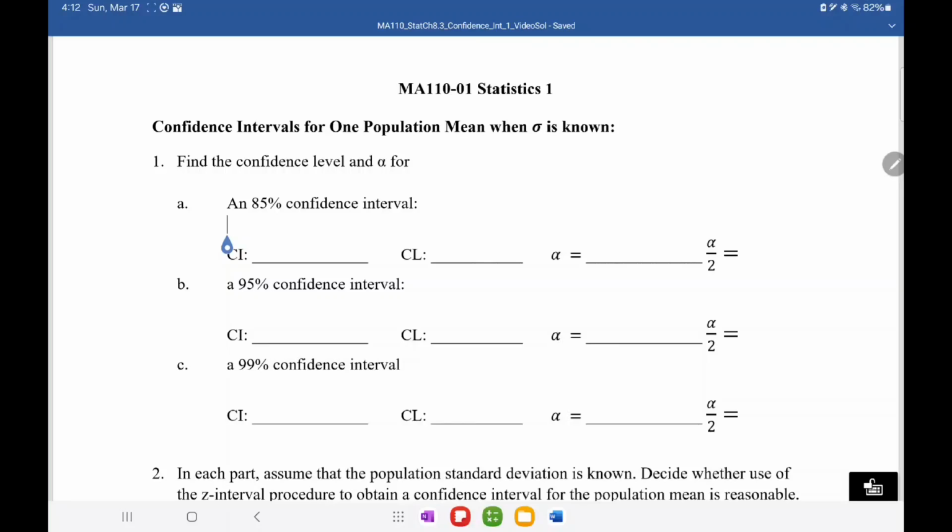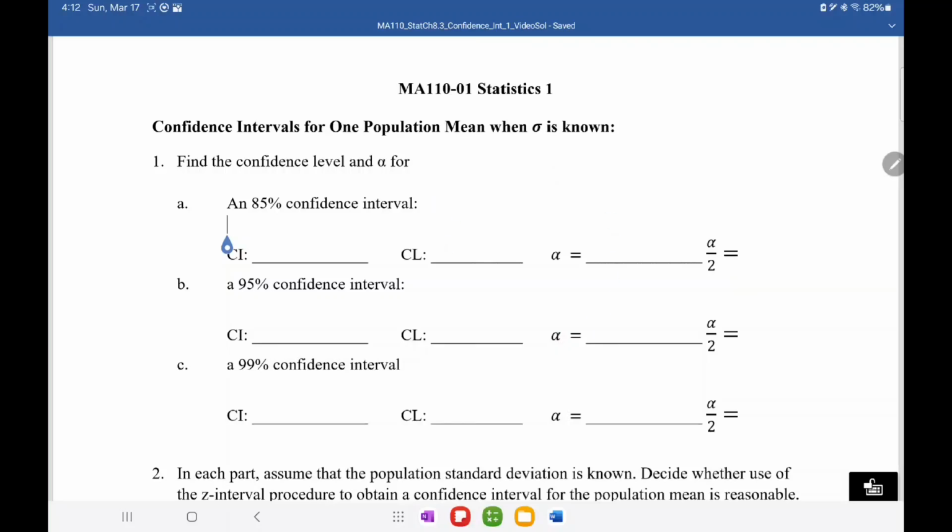The first set of questions is a simple one, just to find the confidence interval and the related confidence level, the alpha and the alpha by 2 values. That's going to be the first step in the process to create a confidence interval. So this step is very important.